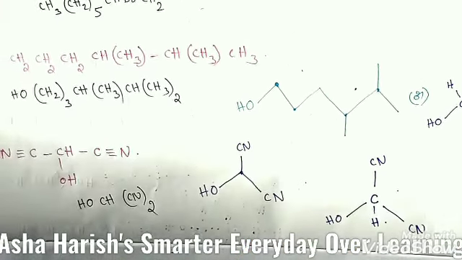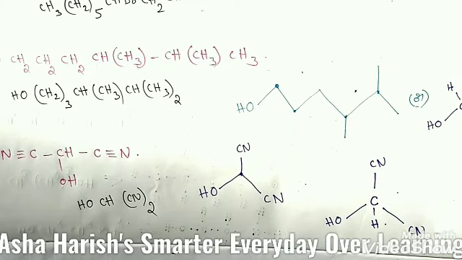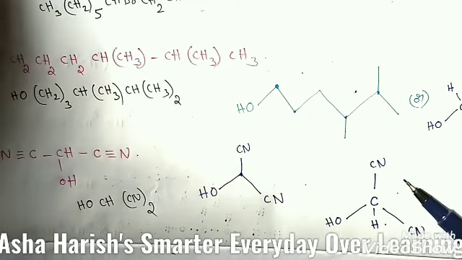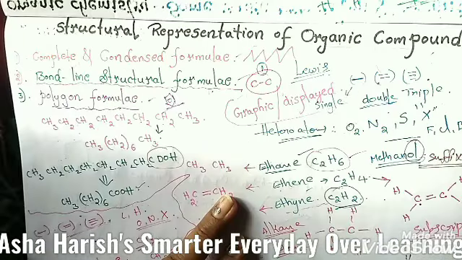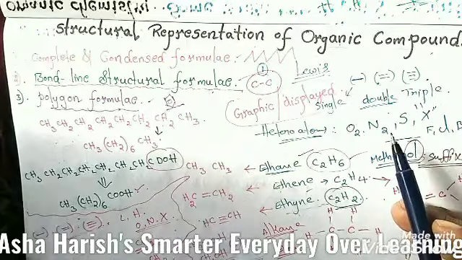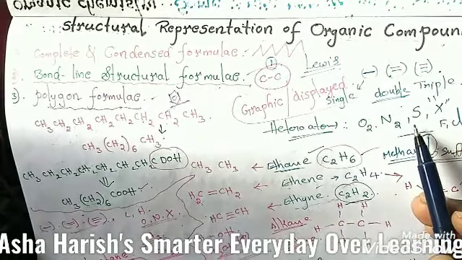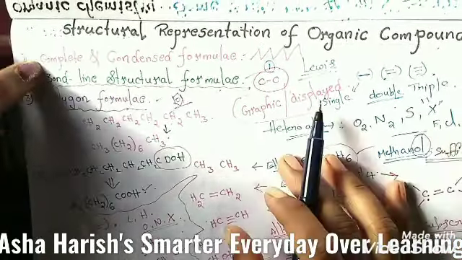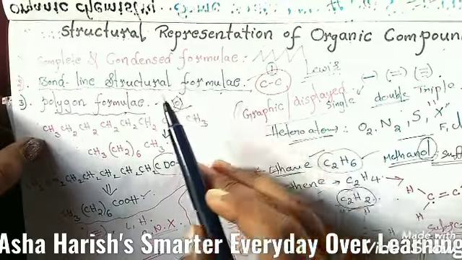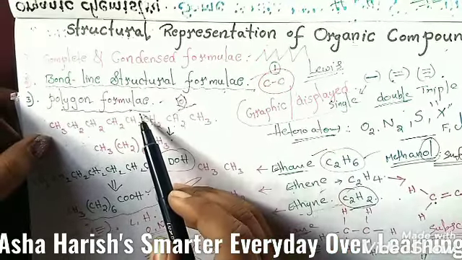Okay students, let us recall what we have learnt in today's session about structural representation of organic compounds: complete and condensed formulae, the bond line structural formulae and polygon formulae.